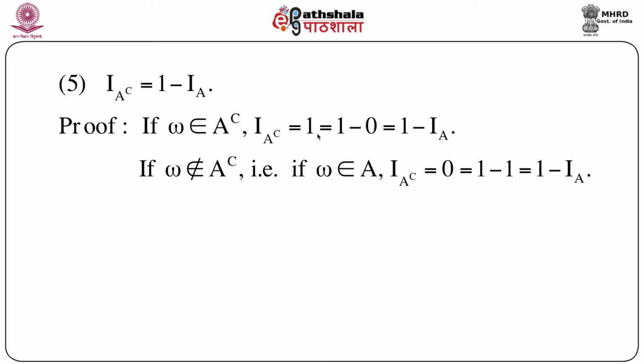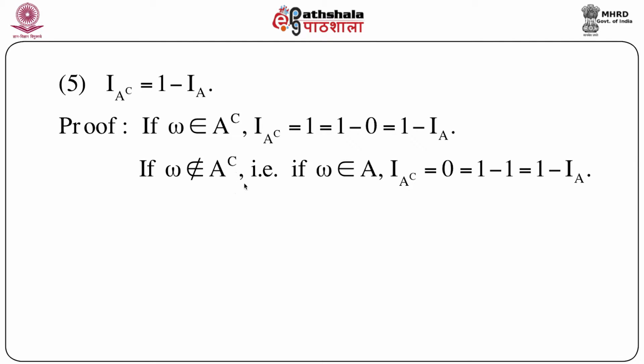Now we can write 1 as 1 minus 0. Now if omega belongs to A complement, then naturally I of A is 0, because I of A is 1 if omega belongs to A, and I of A equals 0 if omega belongs to A complement. So we can write I of A complement equals 1 minus IA if omega belongs to A complement.